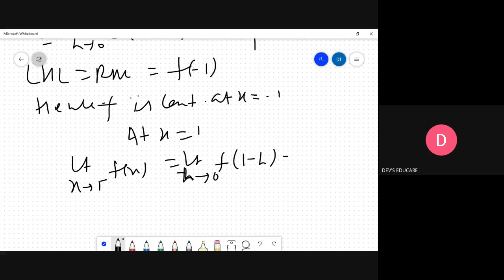The value is 2x, so limit h tends to 0 of 2 times 1 minus h equals 2. Instead of taking f(1 minus h), can we just take limit x tends to 1 minus of 2x? You can, and you get 2.